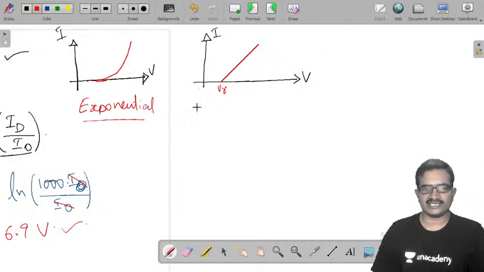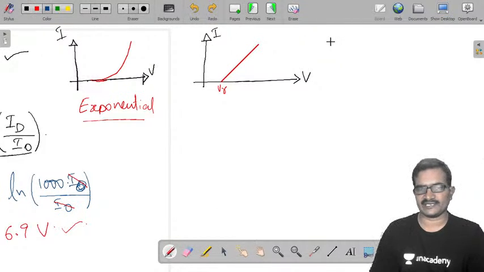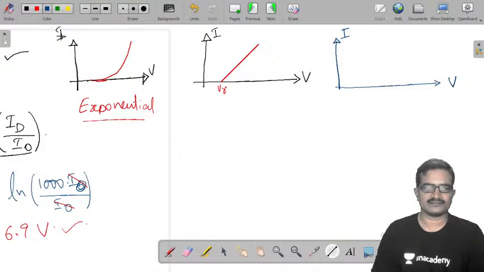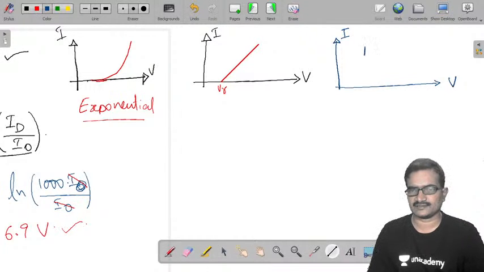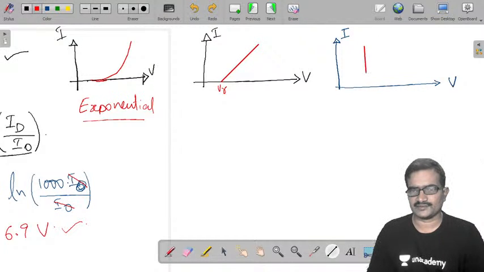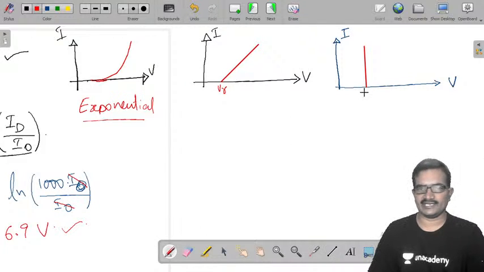Another way of representing our diode is this: this is V and this is I. Now the plot is like this. Here it is V gamma.